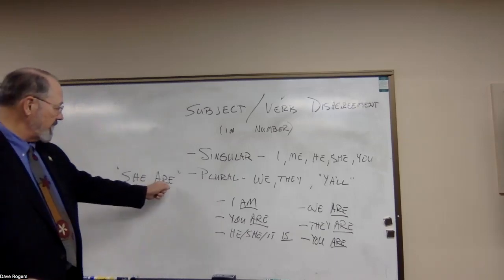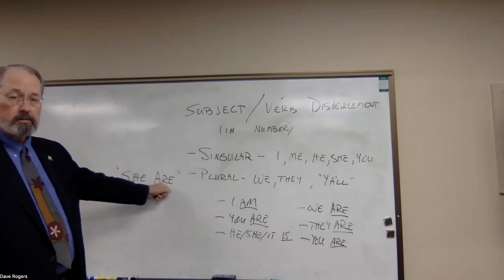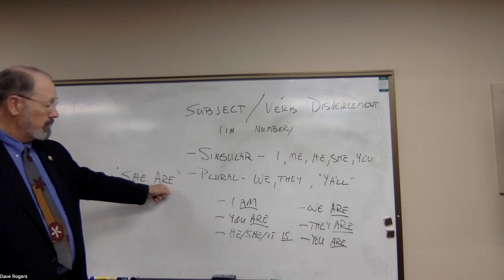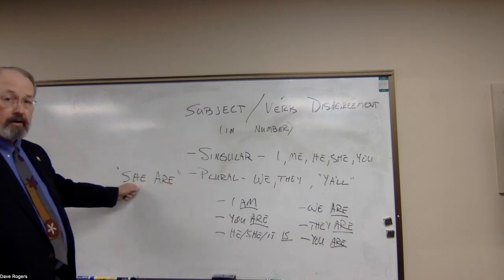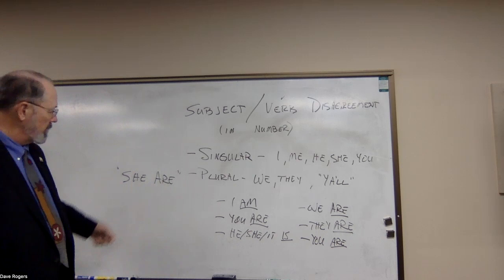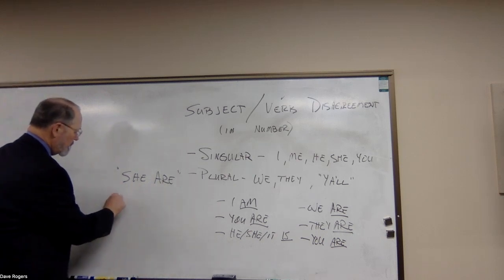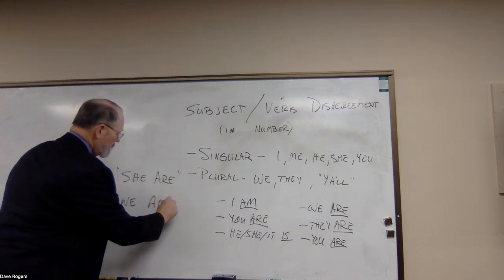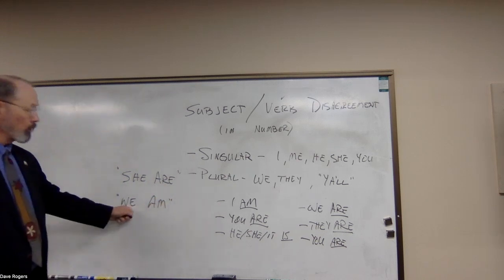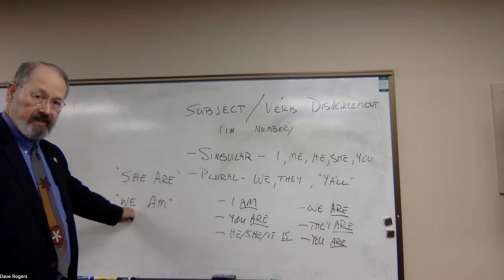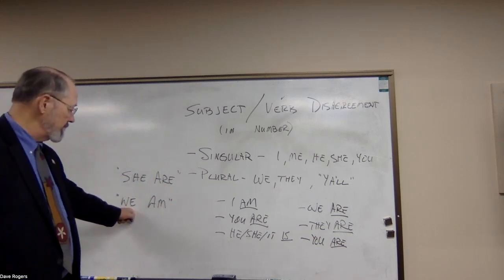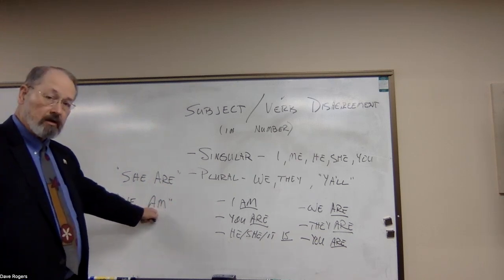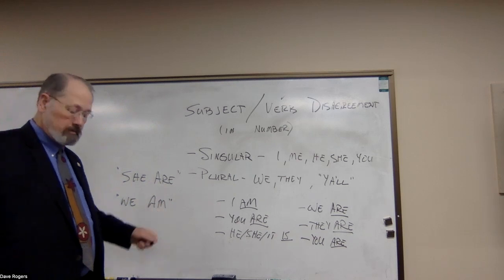Because that's normally a plural verb, singular noun. You would not say, we am, because that's a plural noun, a collective, that's us, we, and that's a singular verb, am.